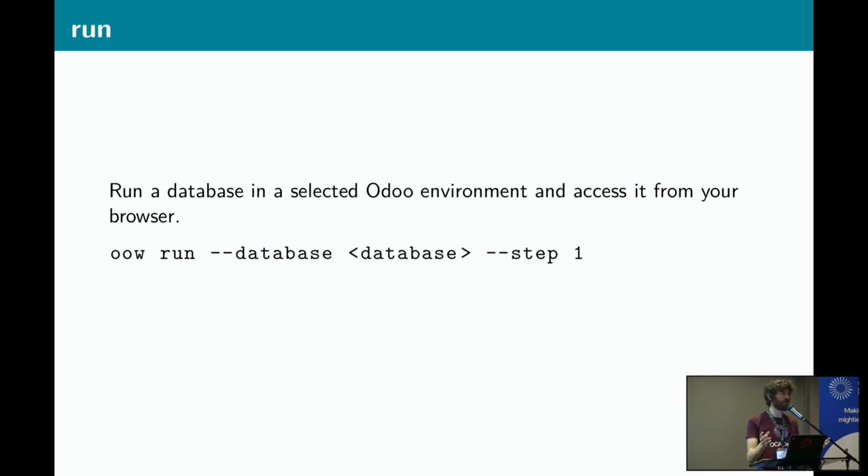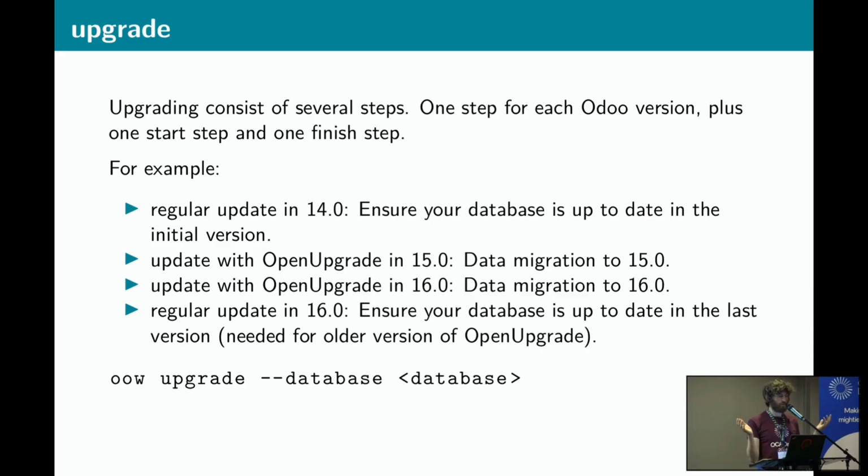But at least for testing your initial version, it should be step 1. With that, you will have access to localhost and the port, and you will access your database. Okay, so when you have everything running, your database and your backup set up, you can use the upgrade subcommand.